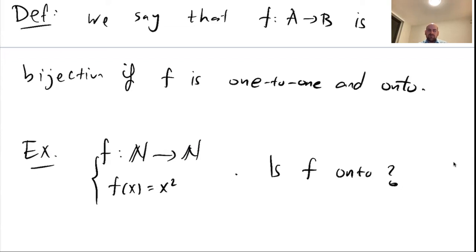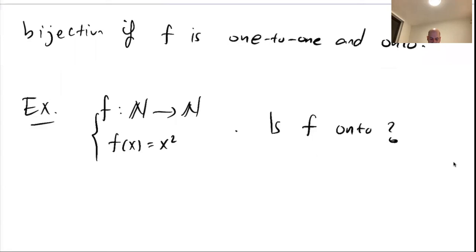So 0, 1, 4, 9. These are the outputs. Is it the same as the whole codomain, which is all natural numbers? The answer is no. In mathematics, if you want to show something is not right, we just need to give one counterexample. So let's give one counterexample.